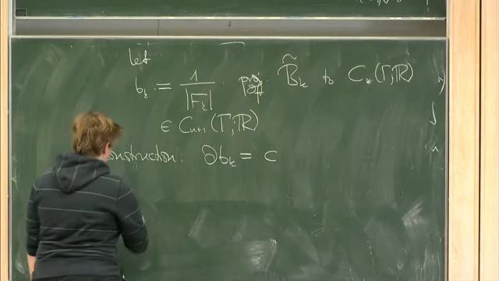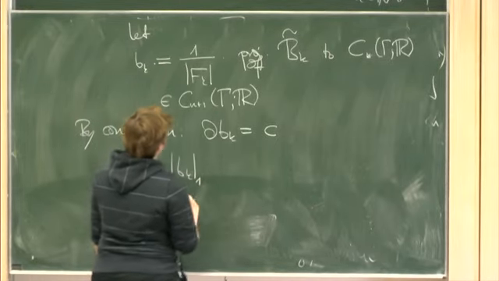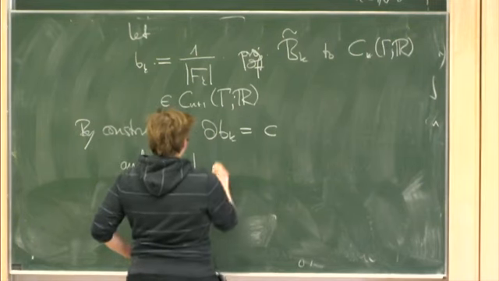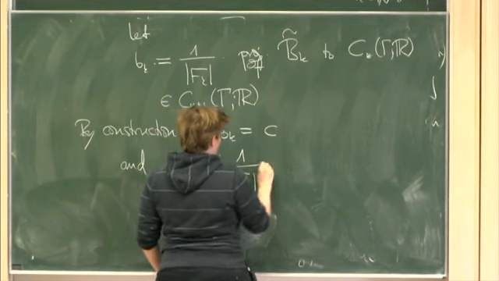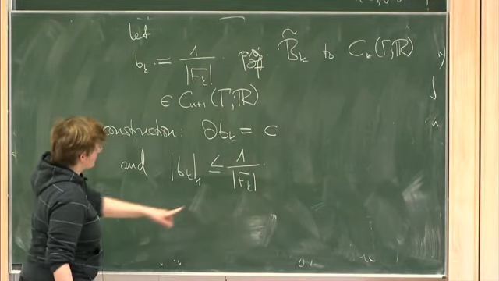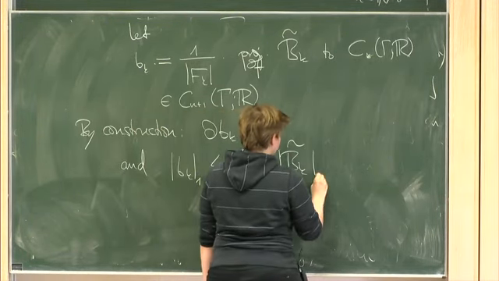And what do we know about the norm? Well, the norm is bounded from above by 1 over the number of elements in our Følner set times the norm of capital B_k tilde.